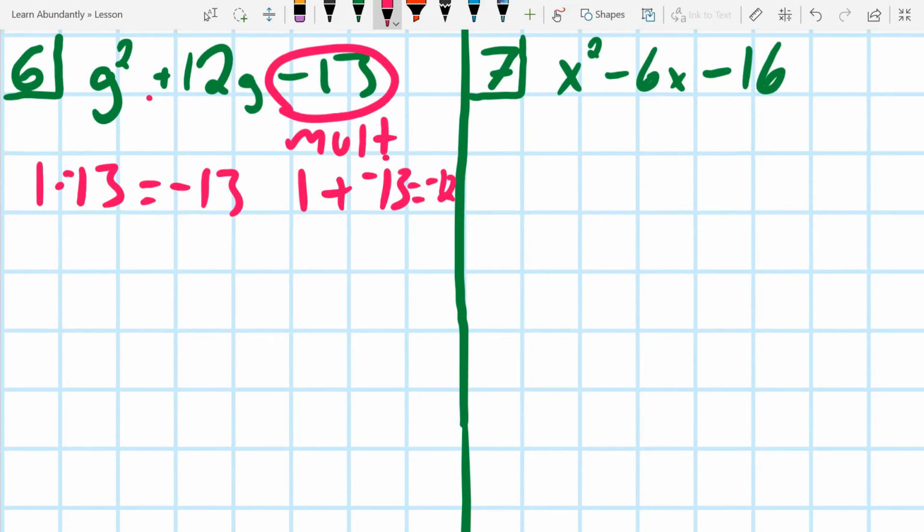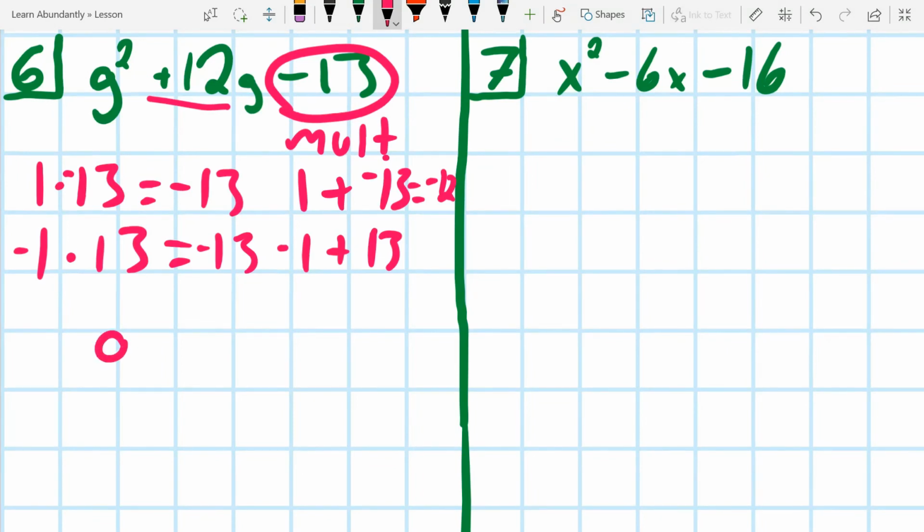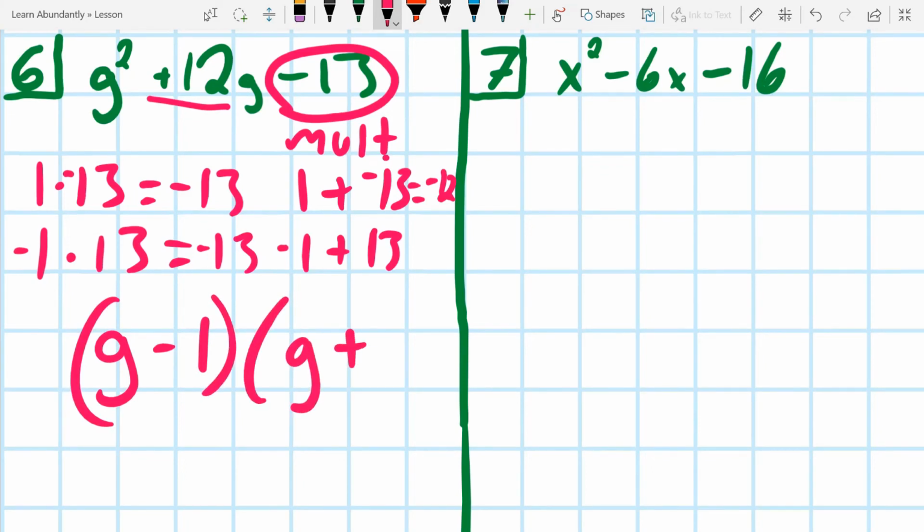And what I'm looking for is a positive 12. So if I just switch it around to make it negative 1 times 13, now I end up with positive 12 when I add that together. So that's going to work out perfectly for me. So I'm going to use the g minus 1 and g plus 13.